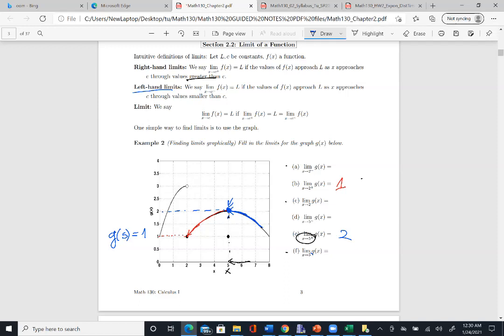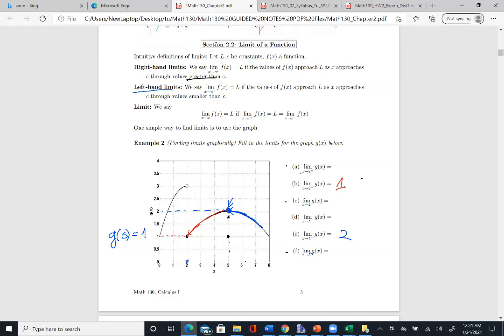We're going to try to figure out A first. At 2, so let's take a look at 2. We're going to see x approach 2 through values smaller than 2, which is the left-hand side going to this, and come back with the graph.